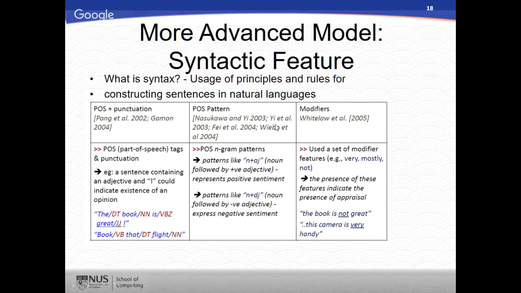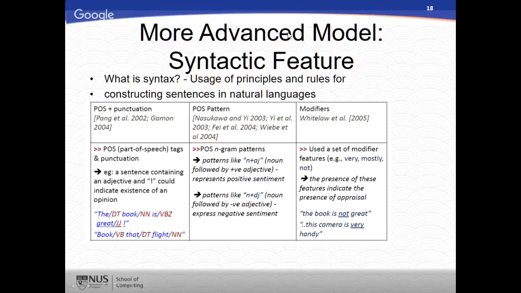These are the features proposed in the past 10 years. They have been proven to be useful. The first feature is the syntactic feature, which means how the words combine together.